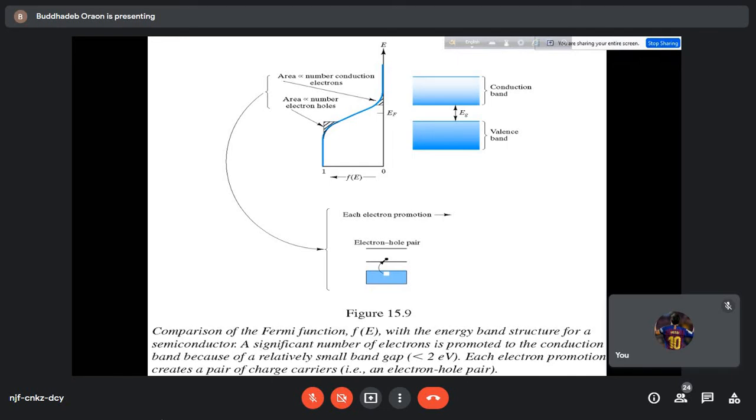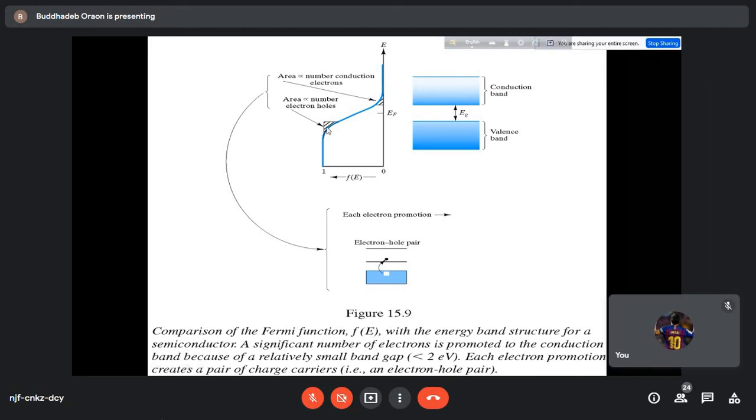So that is what I was telling. Let's see this slide. This is for a temperature above absolute zero, for some non-zero temperature. At absolute zero, as we have seen, this becomes a step function, but at some higher temperature it becomes a continuous function, something like this.